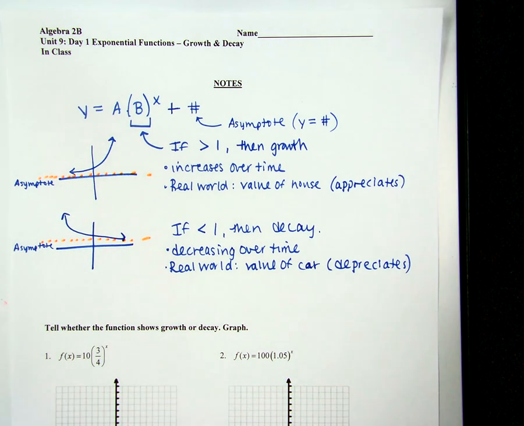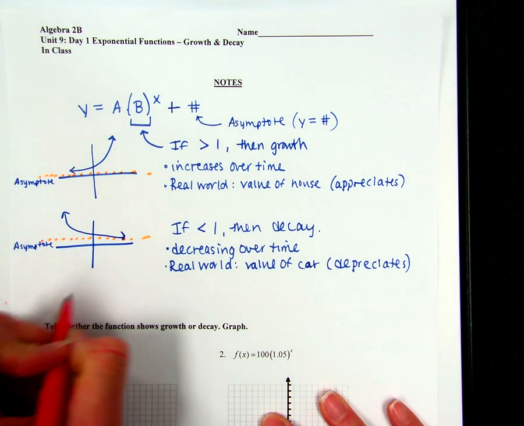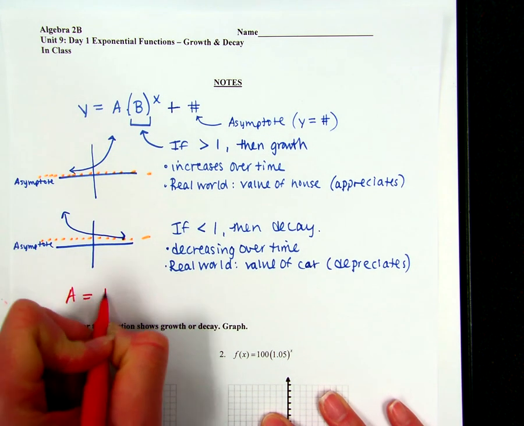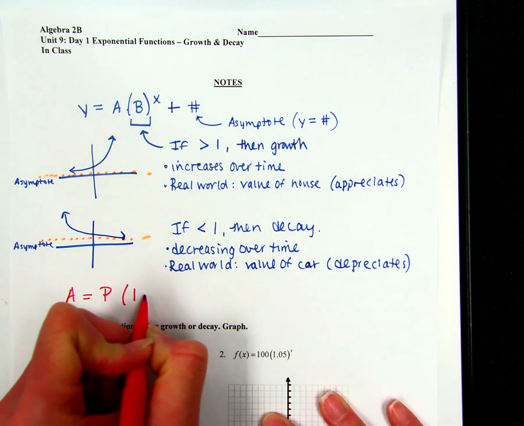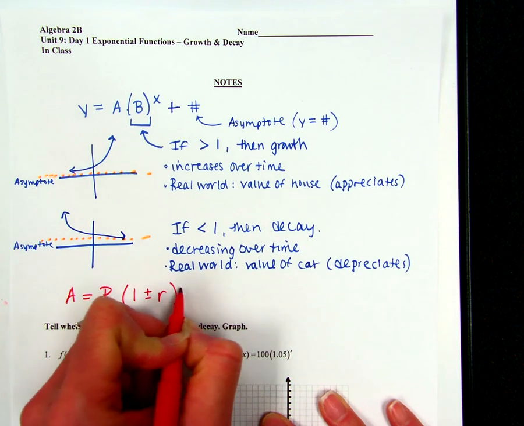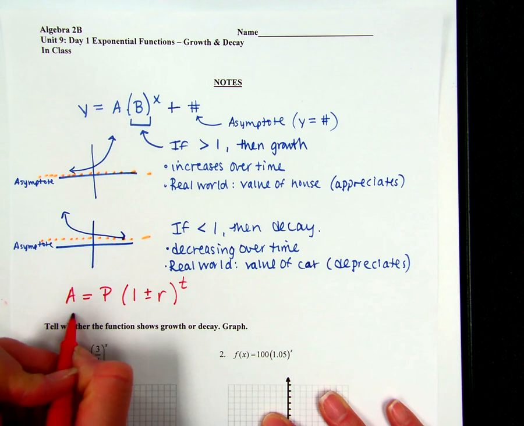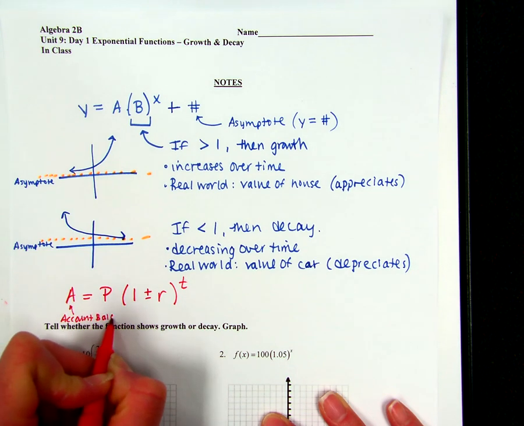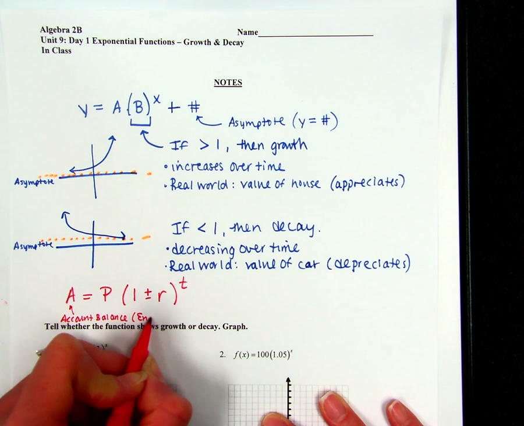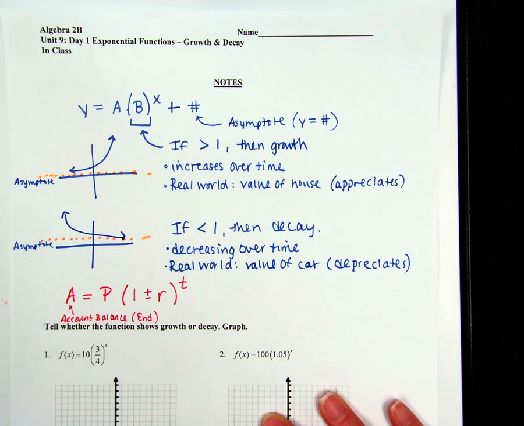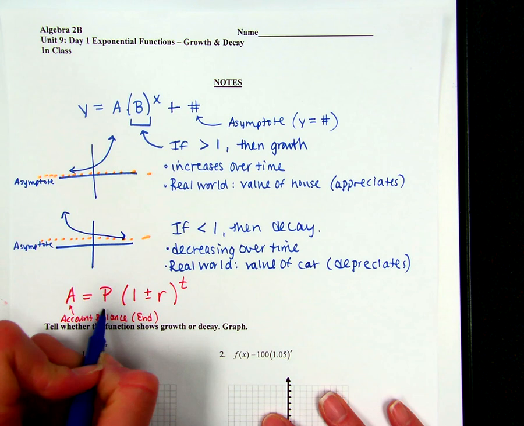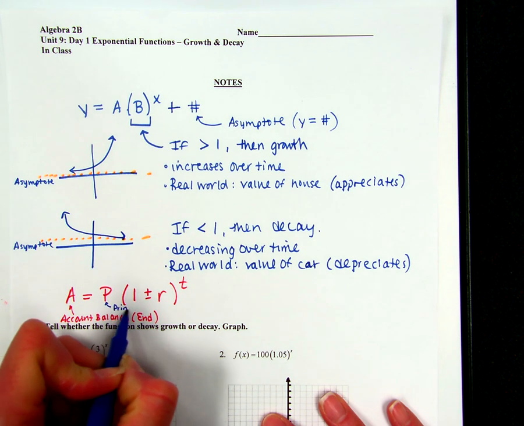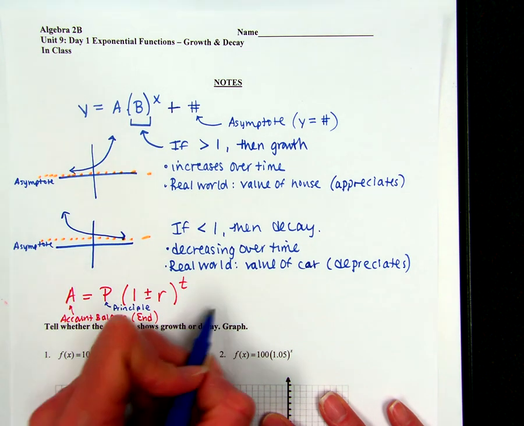The other type of problem that we're going to talk about is interest. To do that, there's a formula: A equals P times (1 plus or minus r) to the t. A is your account balance, or your ending amount. P is typically referred to as principal, or your starting amount.